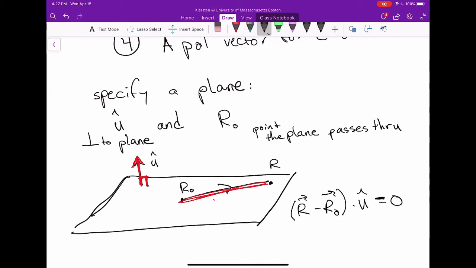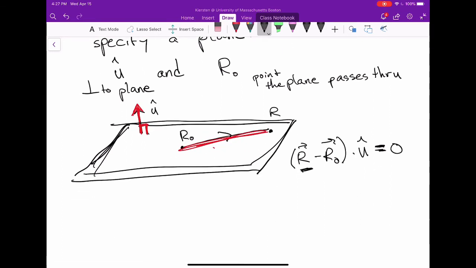The set of all the points R for which this equation is true tells me about this plane. And another important fact is that I can also write it as R dot U hat equals some constant value.